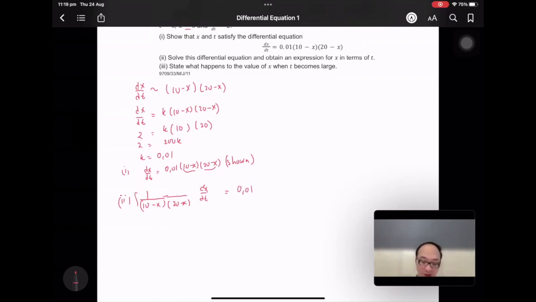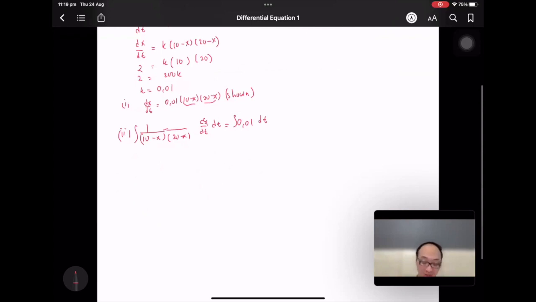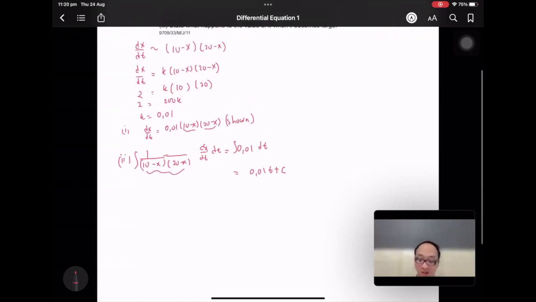And then we integrate both sides with respect to t. So this is the type 3. So the right side will become 0.01t plus c. But on the left side, we have to change the shape into partial fractions. So we do the partial fractions here.